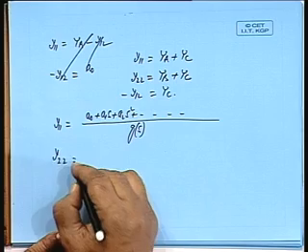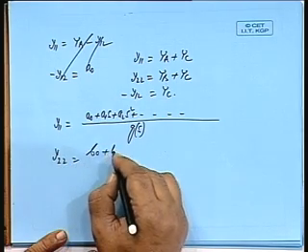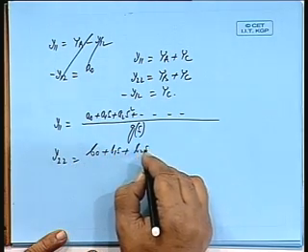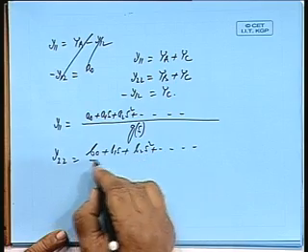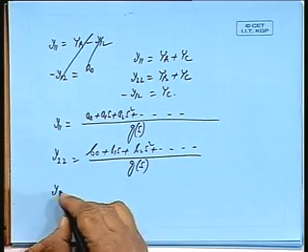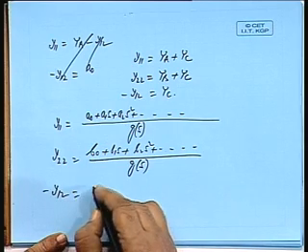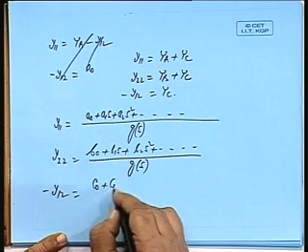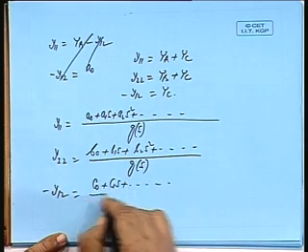Y22 is b0 plus b1s plus b2s square and so on, and y12 is c0 plus c1s and so on.